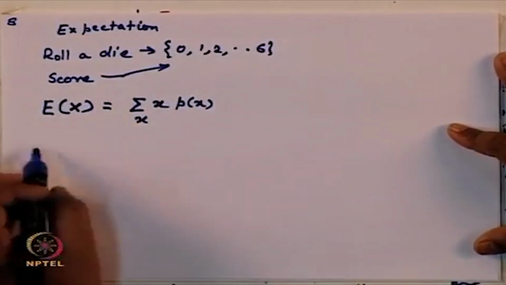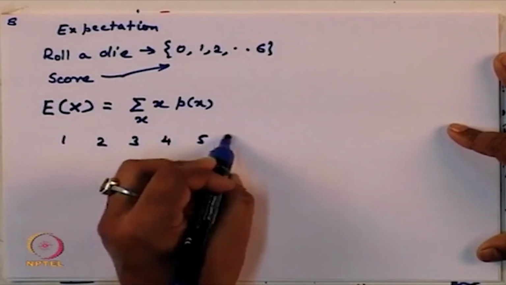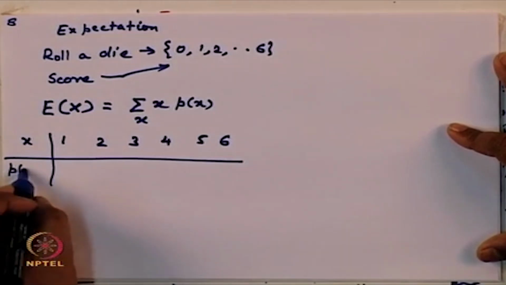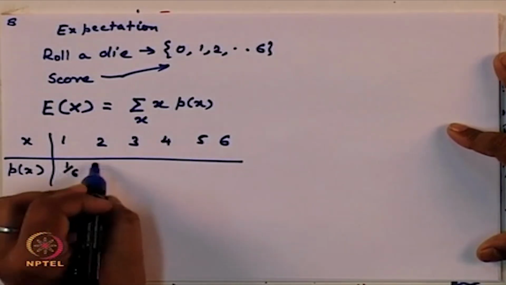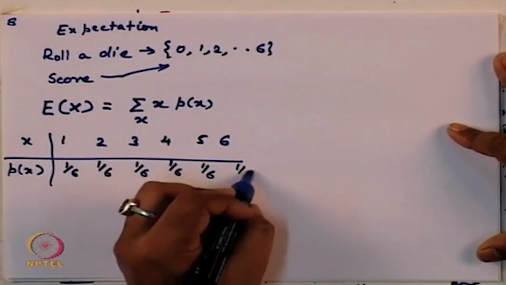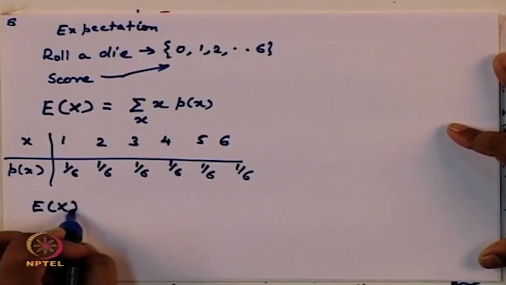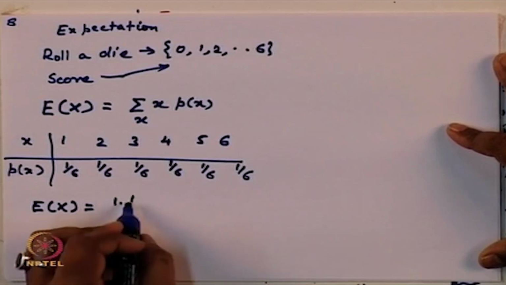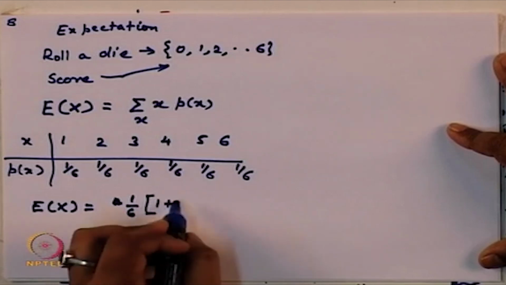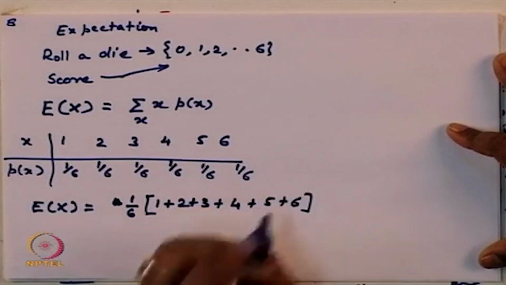So, you know that you have 6 values, 1, 2, 3, 4, 5, 6, as your values of x, and the probability for each of them is simply 1 by 6. So, the expectation for this case will be nothing but, I will take out 1 by 6 in common, 1 plus 2 plus 3 plus 4 plus 5 plus 6.